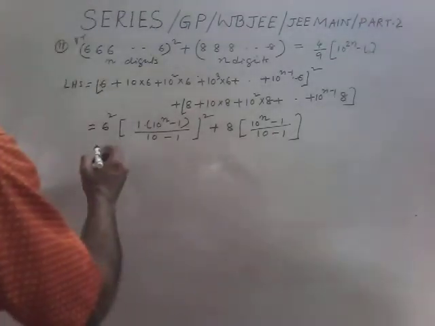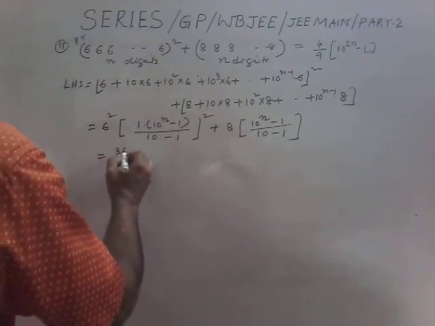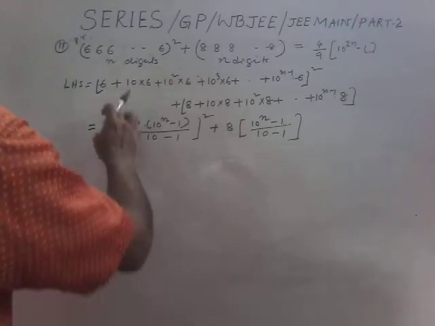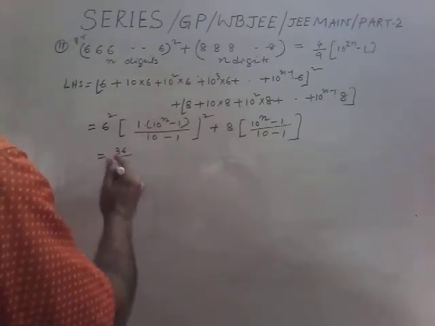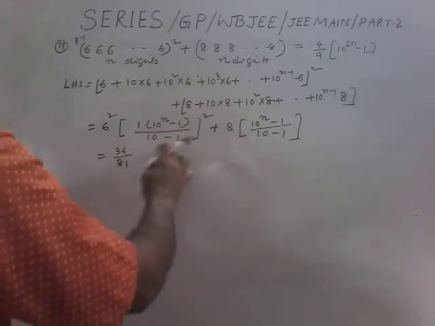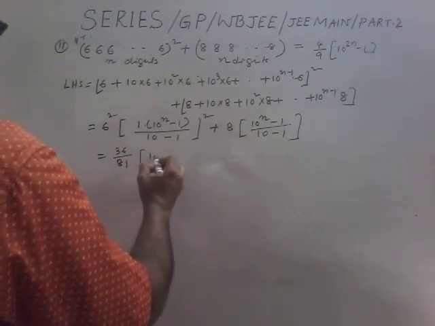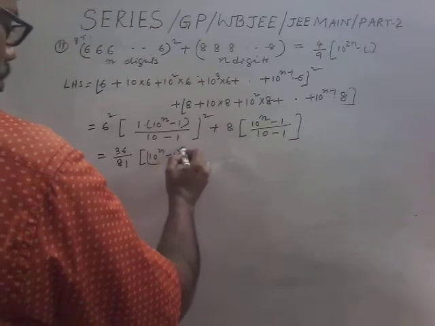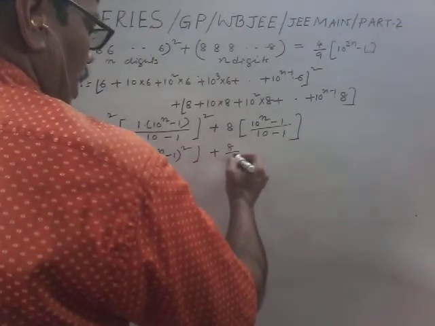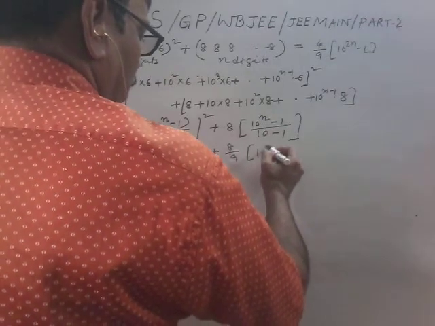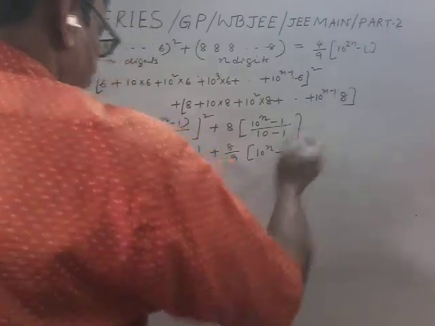Now this is 36 by 100, 6 square, 36 by 81, 9 square. So (10 to the power n minus 1) whole square, plus this is 8 by 9 times (10 to the power n minus 1).